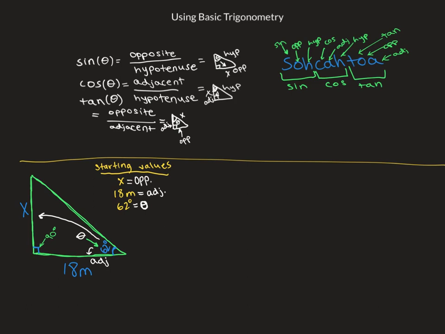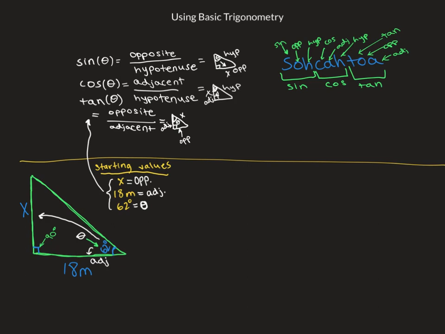Now, given this information, which formula on the top can we use with the information given? We would have to use tan, because we're given opposite and we're given adjacent and we are given the theta. So we can take all our information here and plug it into tan. We can't do sine because we don't have the hypotenuse, and we can't do cos because we don't have the hypotenuse.